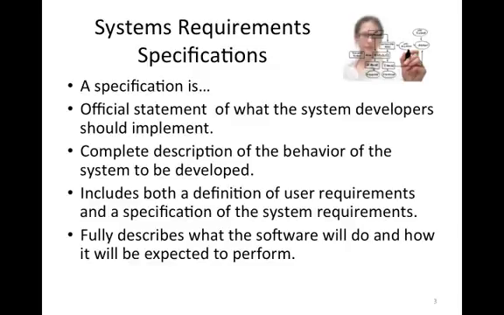We want it to include user requirements and specifications of the system requirements. We want to have a full description of what the software will do and how it should perform.